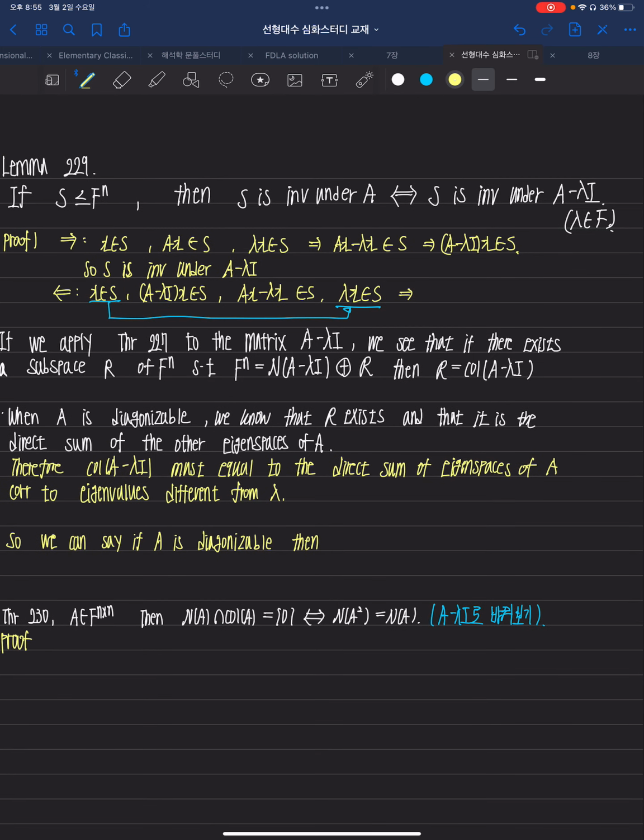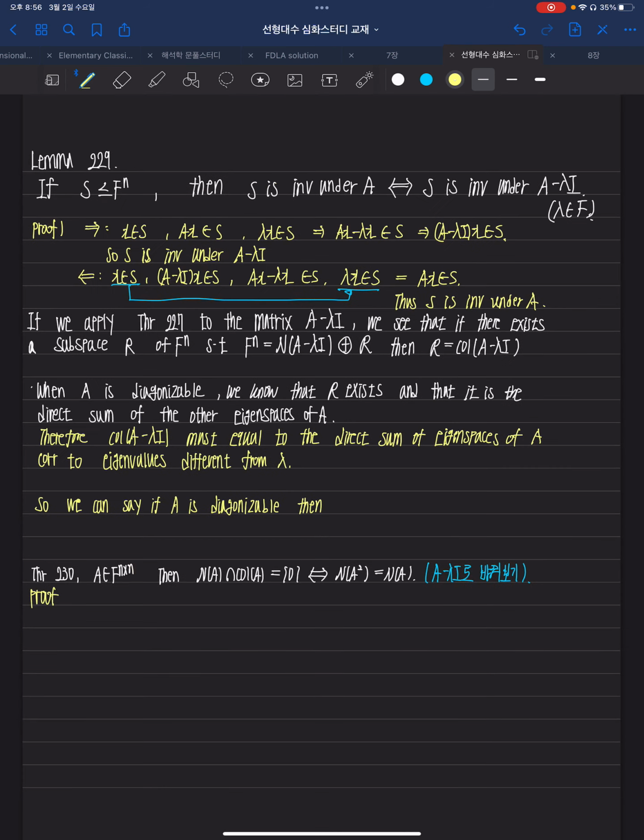Because the subspace is closed under addition, so Ax is in S. Thus S is invariant under A. Okay, next.